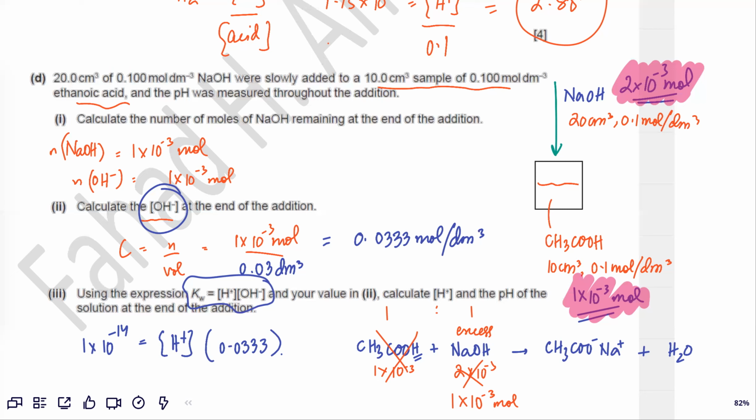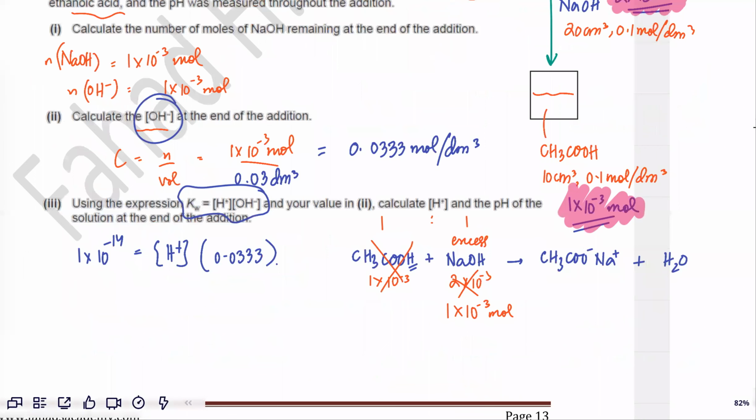Sir, I'm getting 12.5. Keval, what's the value you are getting? 12.5.